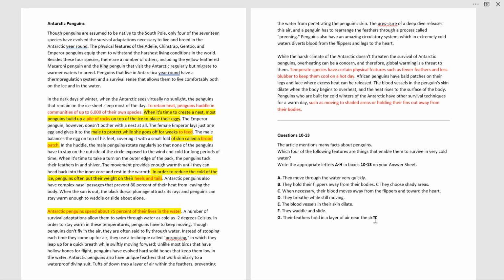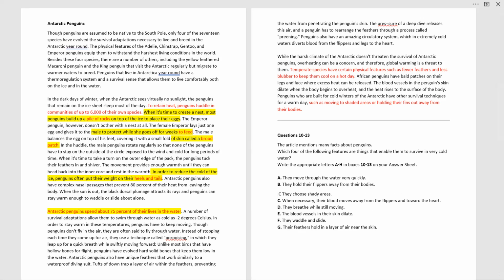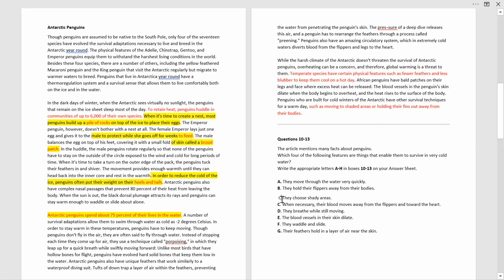There must be A to H. You see, this is a C which is printed here.